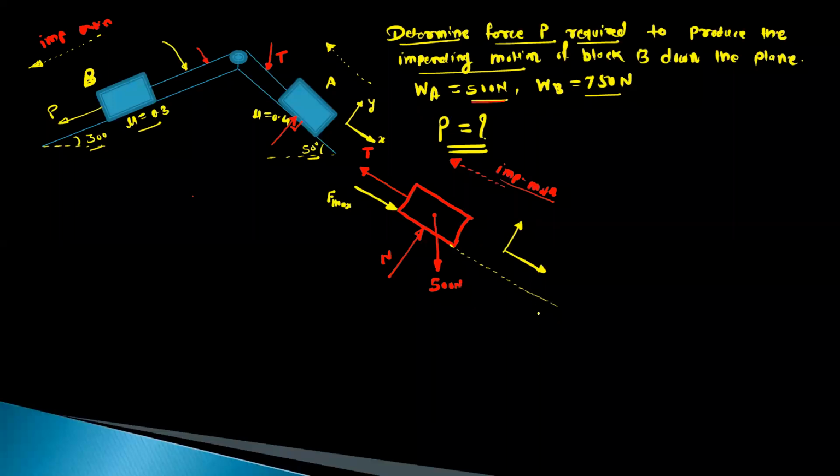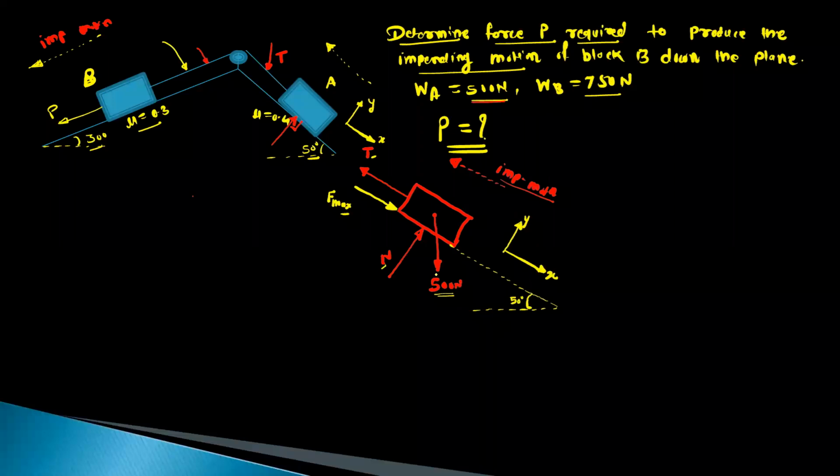This dotted line is for the plane, and this angle is 50 degree. Here the tension and F max are exactly parallel with the x axis, so no need to resolve these forces. The normal reaction is along this y axis, so no need to resolve the normal reaction. We just have to resolve this 500 Newton, that is the self weight.